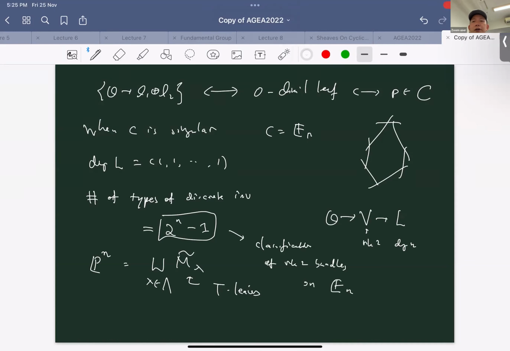Let me ask you a quick question. So if the curve C is the zero set of an anti-canonical divisor in a del Pezzo surface, like before, right?